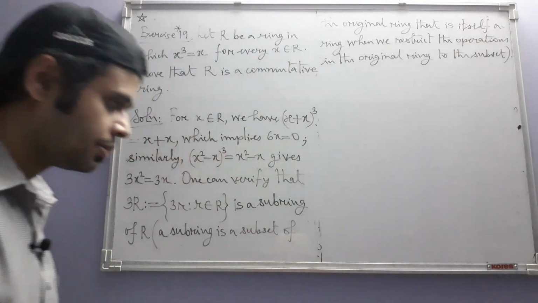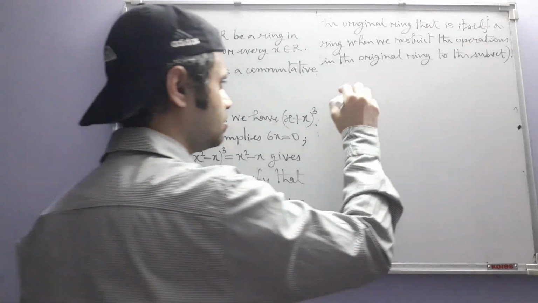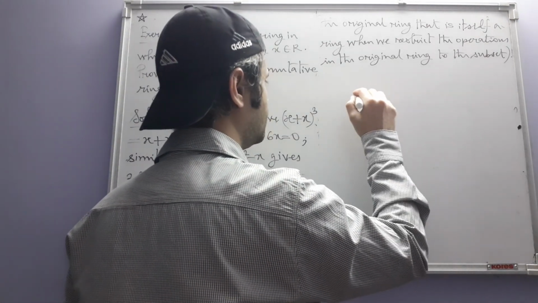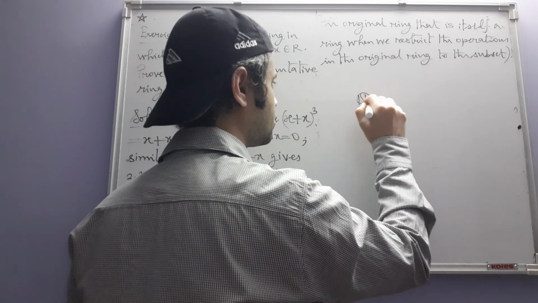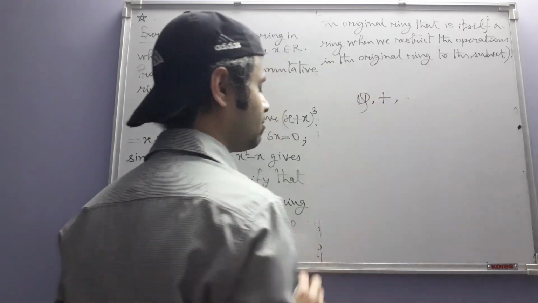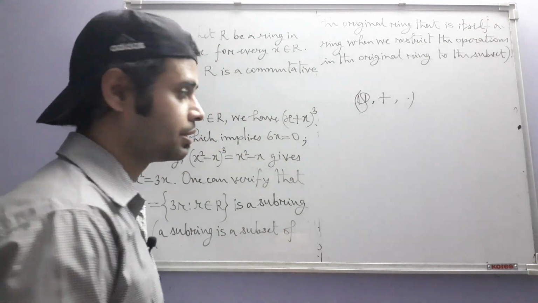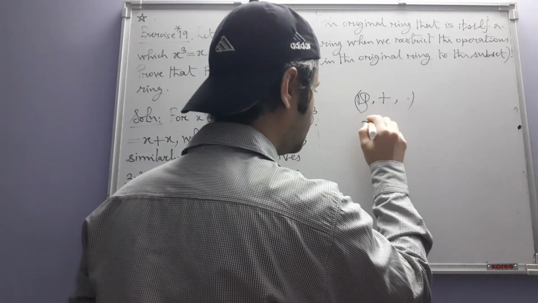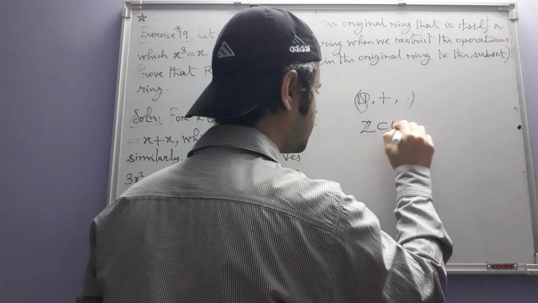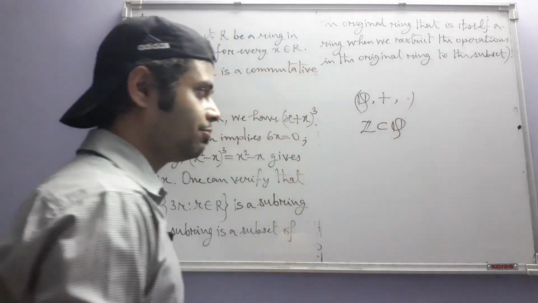So for example, if you think of the ring of rational numbers, there is the set of rational numbers, you have addition of rational numbers and multiplication, and you think of the subset Z of integers.